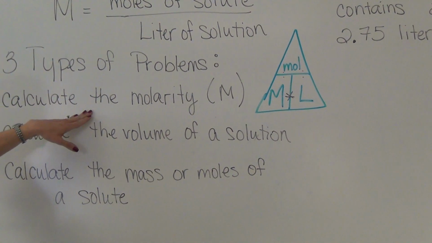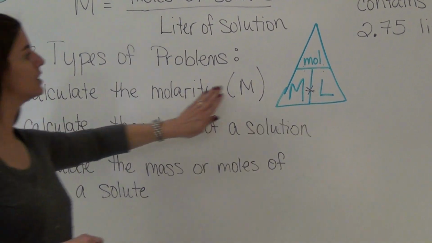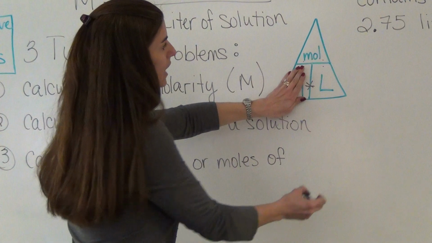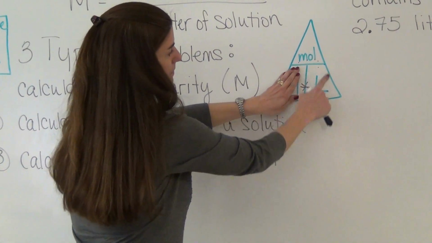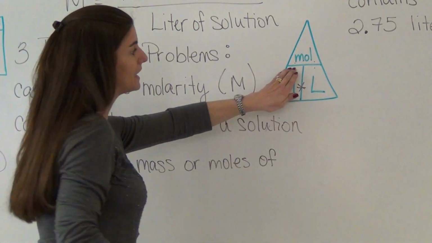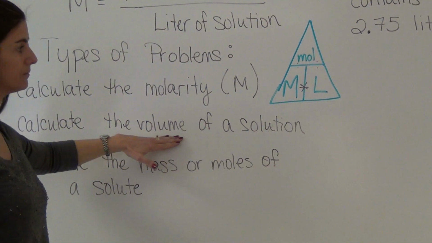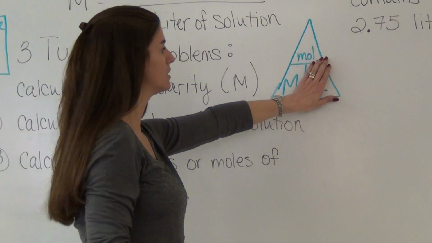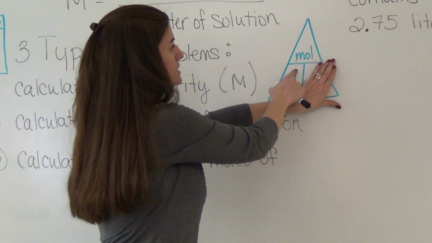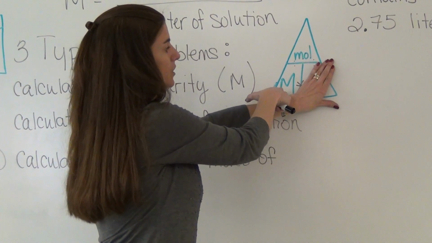For example, in this first one, we're looking for the molarity. So we would cover up molarity, and we'd have moles divided by liters. In the second one, we're looking for volume, and that's measured in liters. So we cover that up, and we have moles divided by the molarity.